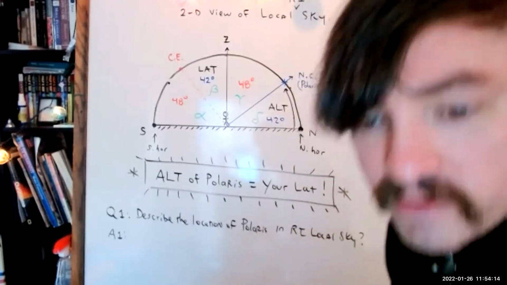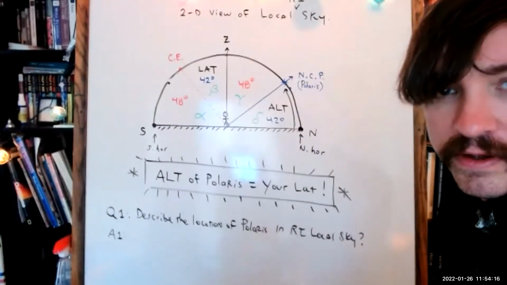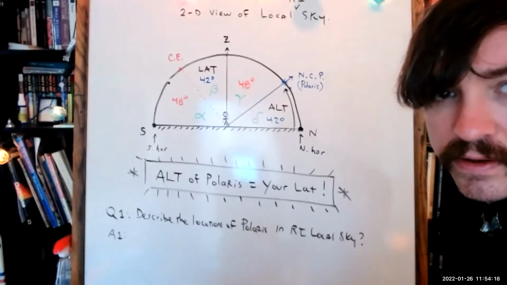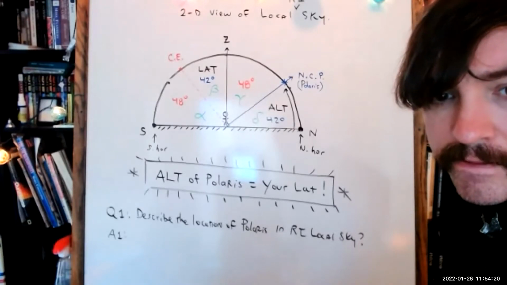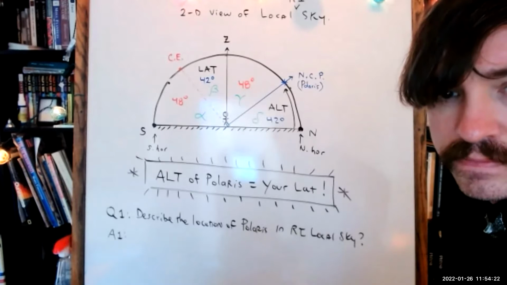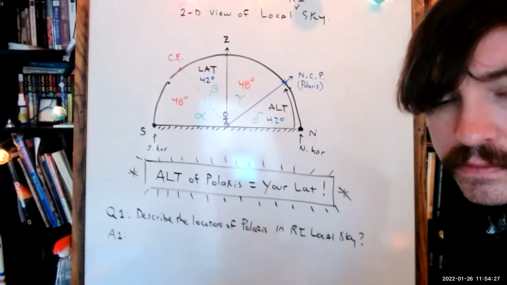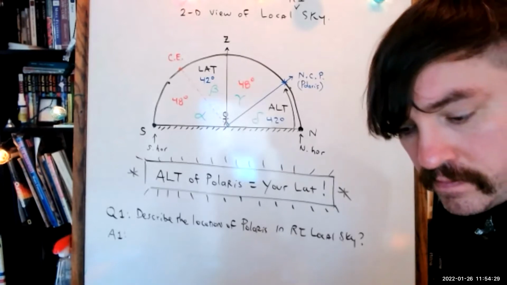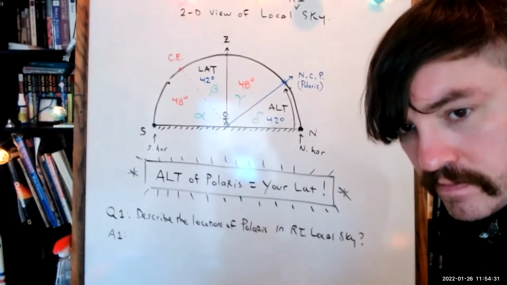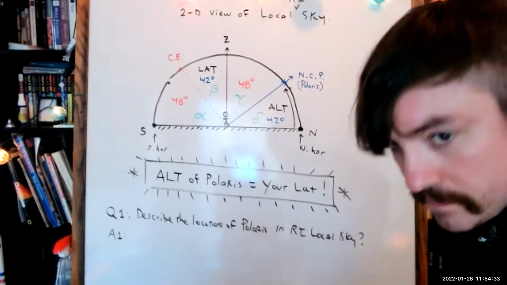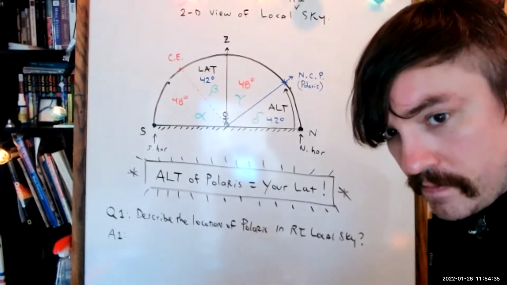I can't really hear you. Sorry, I just said that Rhode Island's latitude is the same as Polaris, which is just, we're describing the location of Polaris. So if what you said is true, then it has the same latitude. Then what else would I say about this?